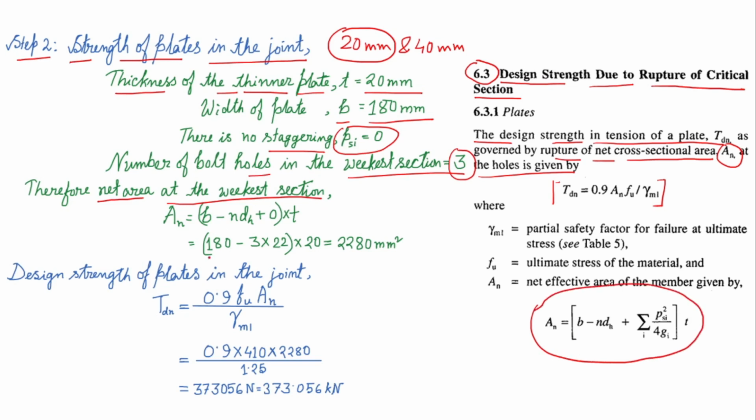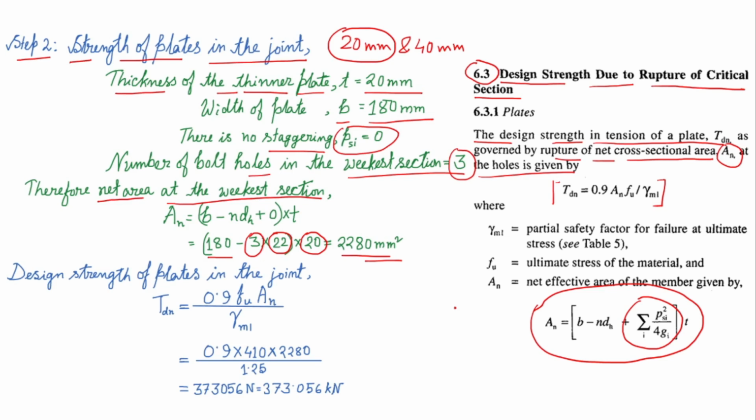Here B is 180 mm, number of bolt holes is 3, then diameter of the hole is 22 mm, and since there is no staggering, this term no need to consider, and it will be multiplied by thickness of the thinner plate, that is 20 mm in this case. So our AN, the net area of the weakest section, comes out as 2280 mm squared.